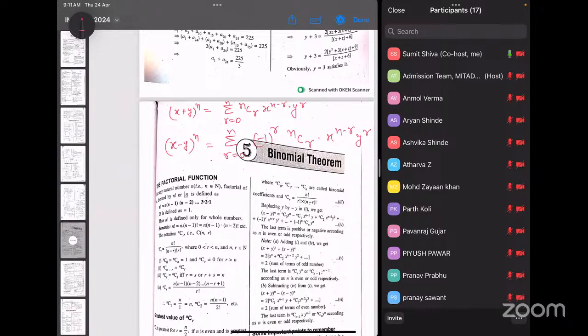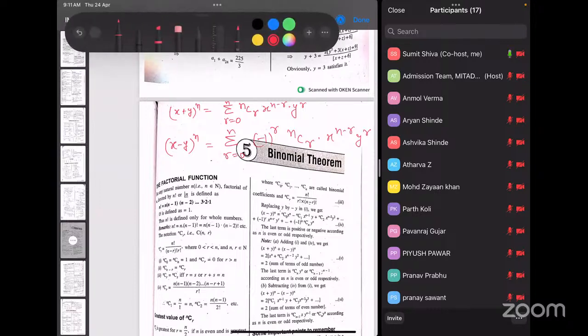Now, if you look at the behavior of r as the power of minus 1, r will either be odd or even. If r is even, it will be a plus sign, and if r is odd, the sign will be negative. So we can have both expansions, (x + y) as well as (x minus y). In the case of minus, we have to be careful about the plus and minus signs while writing the expansion.